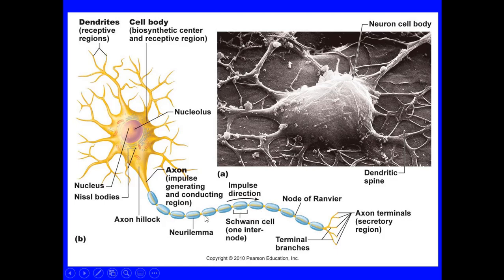And what you have are the impulses or the action potentials jumping. Instead of traveling all the way down this axon, they're jumping fast, fast, fast, bang, bang, bang. And so the traveling speed of an action potential is much greater with myelination.